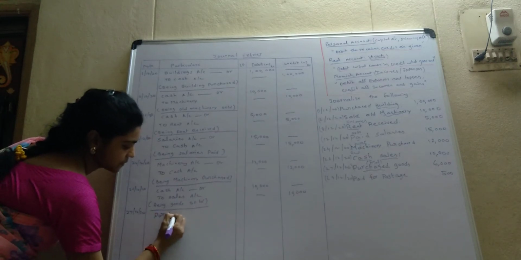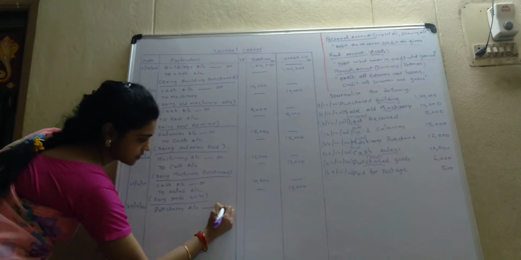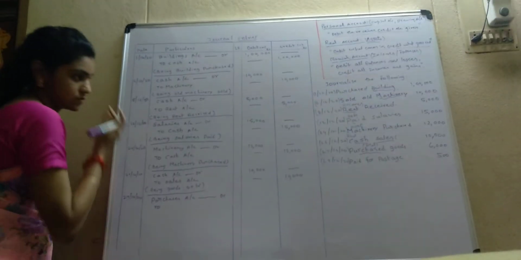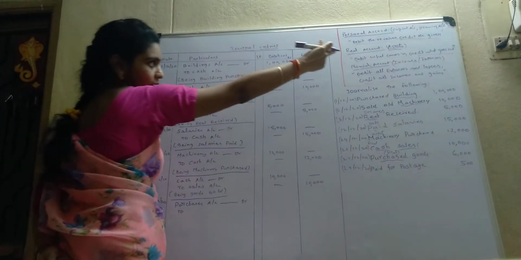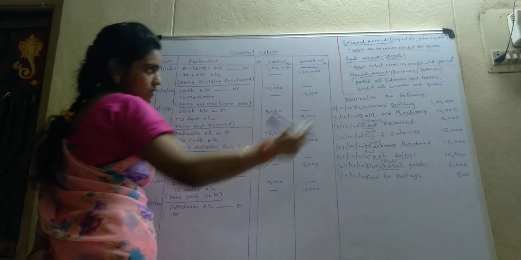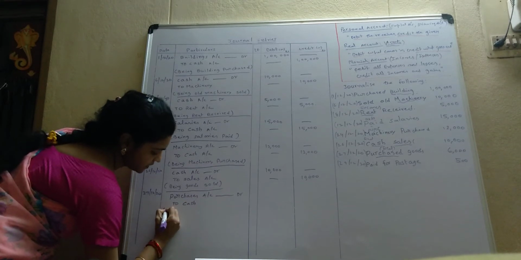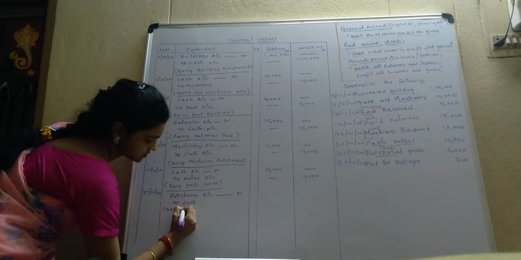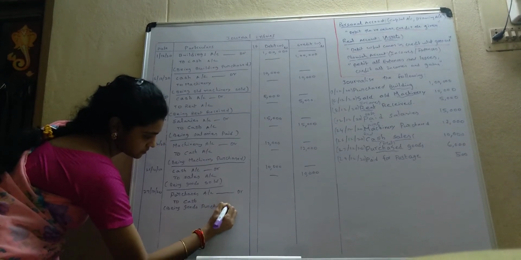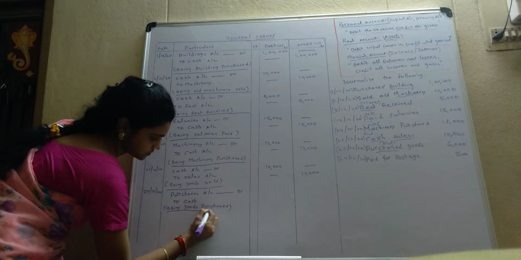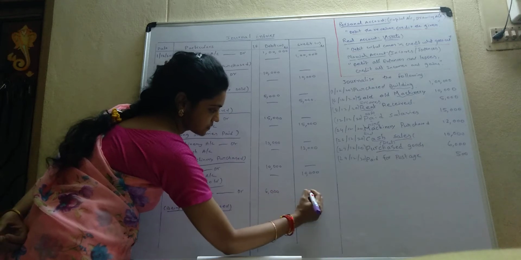So debit purchases account, debtor, to. What we have to pay? Cash. Cash again real account. So credit what goes out? Cash goes out. So here credit cash. Being goods purchased. What's the amount? 6,000.